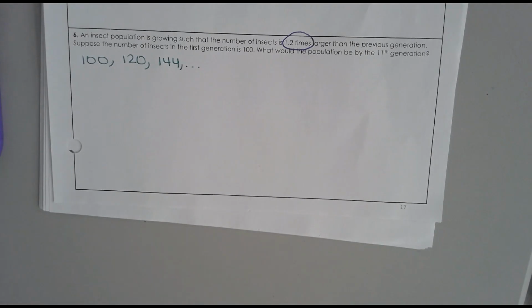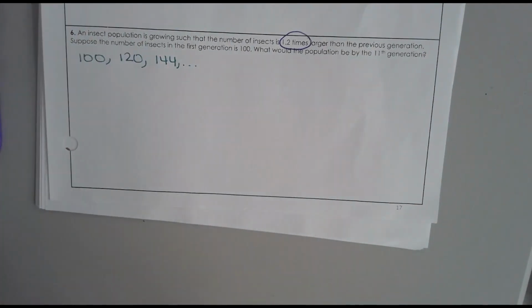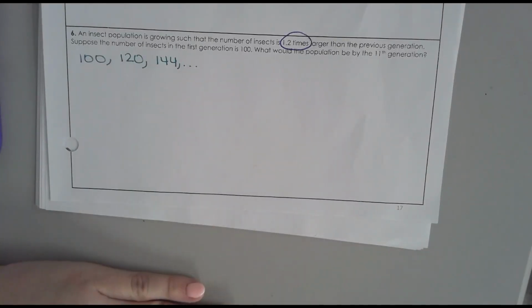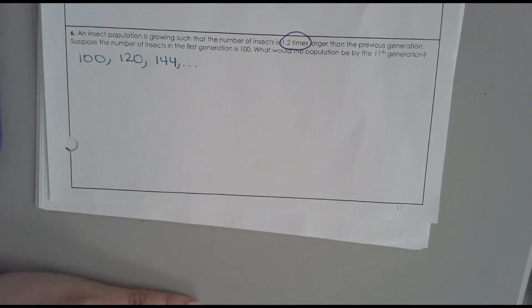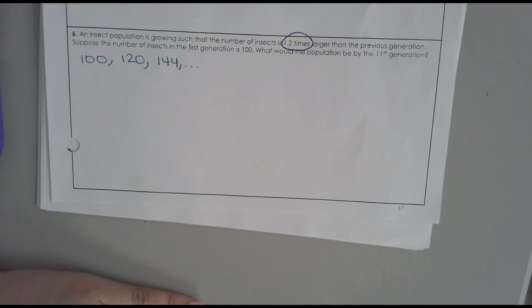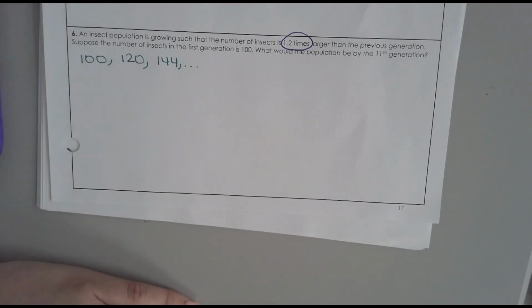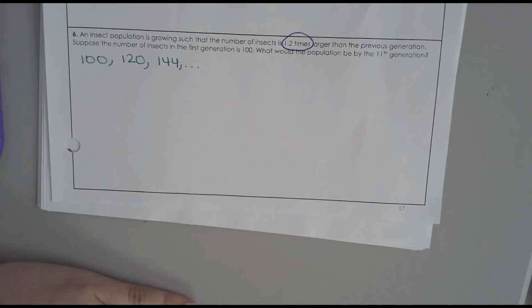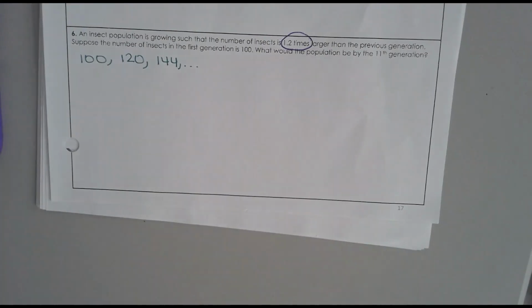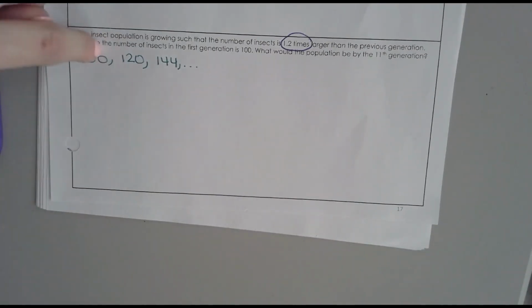And it wants to know the population in the 11th generation. So we're finding the 11th term. When we say the population, when they do a census and they say, okay, the population in 2010 was this many people, you don't add the previous years to that because a lot of the same people were alive in the previous census. So some of those people would be counted twice. So you don't add them up together. It's just each specific term.